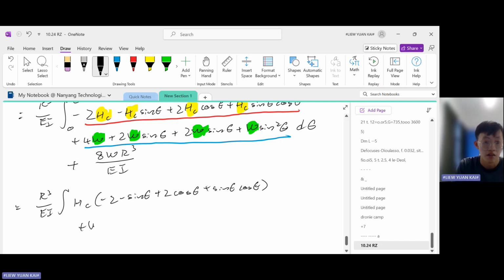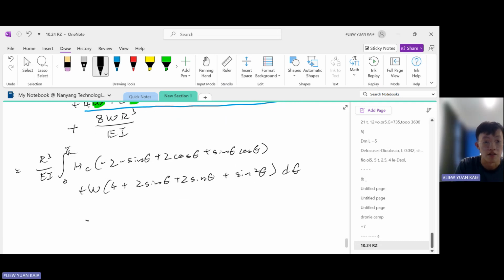okay, and then the w terms, okay, don't forget your second integral result.